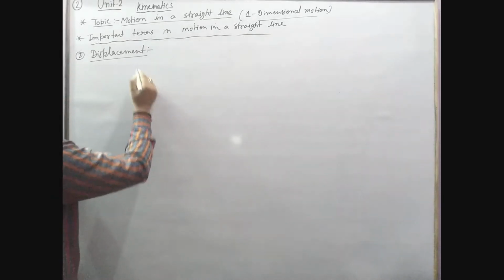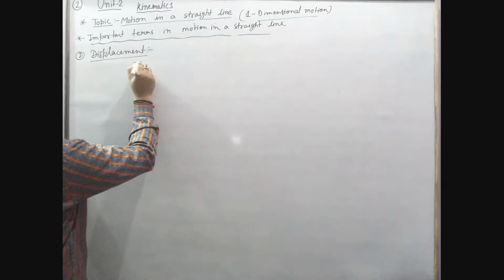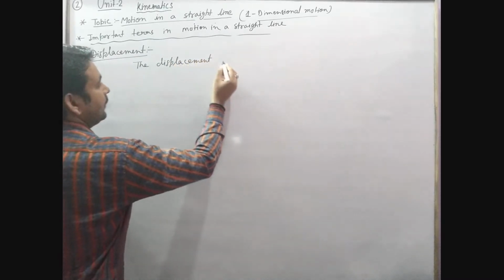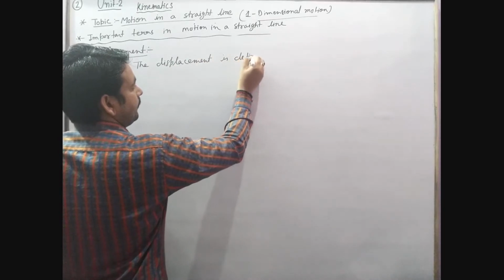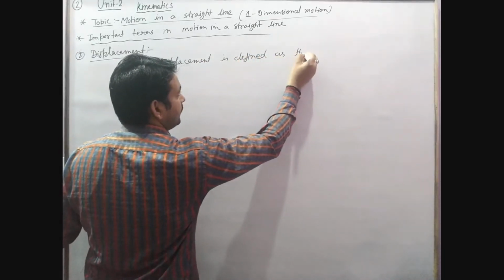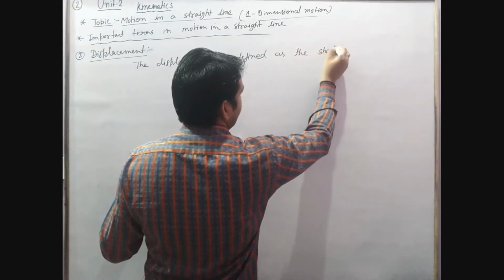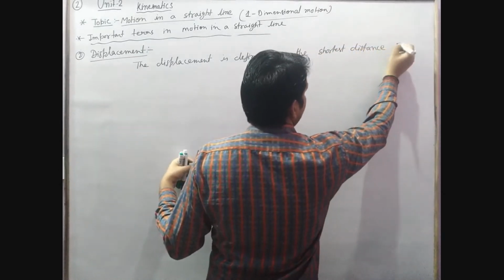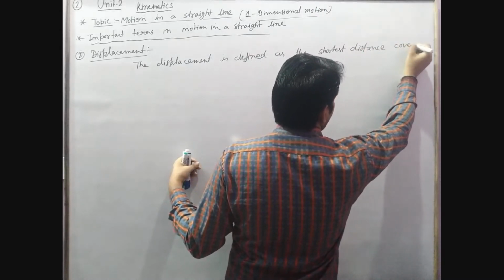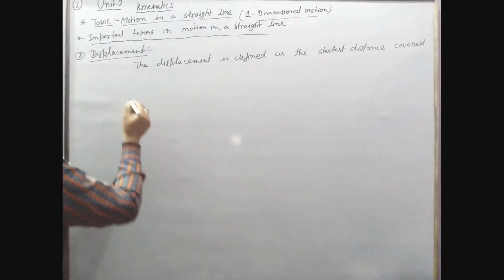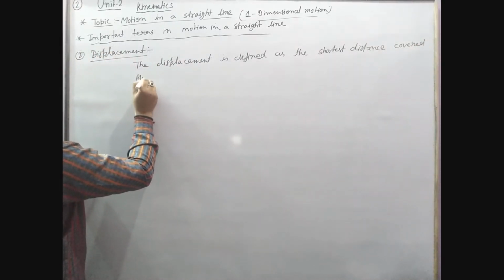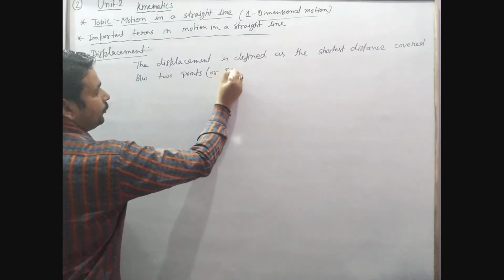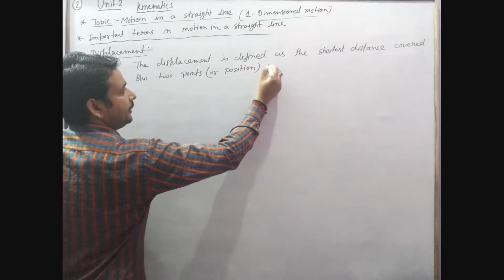So we can say the displacement is defined as the shortest distance covered between two points, or you can say two positions, in a given time interval.